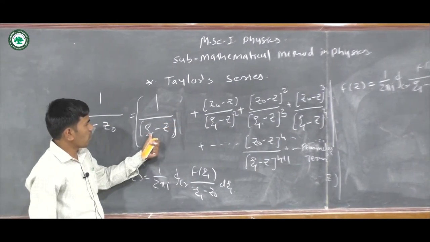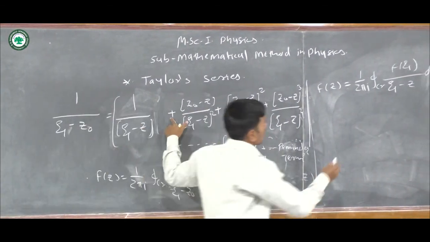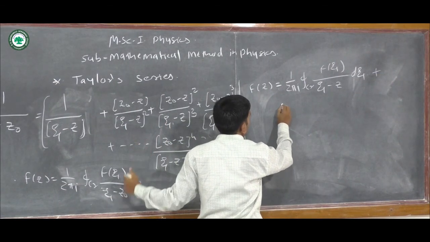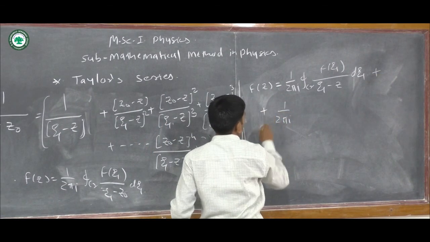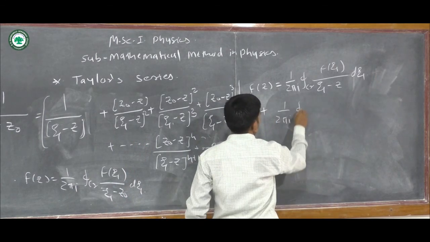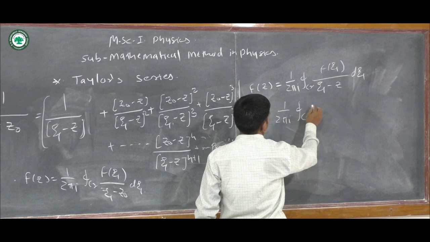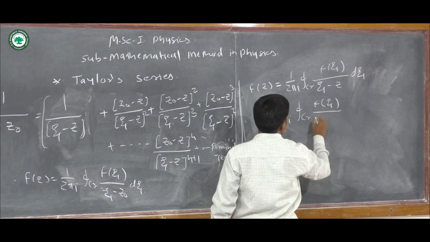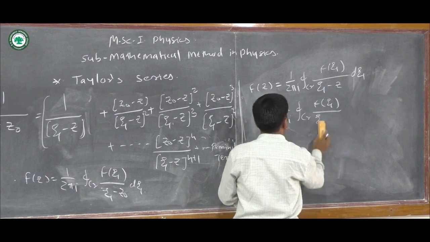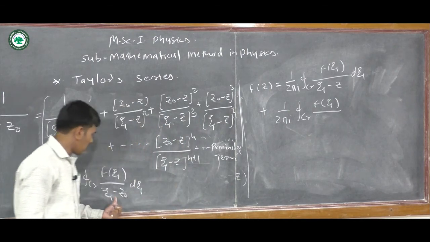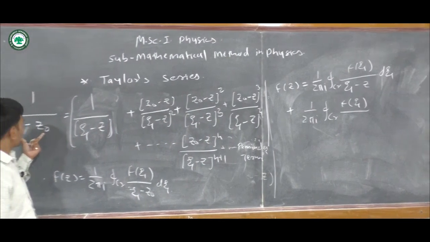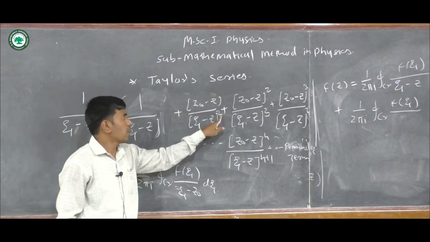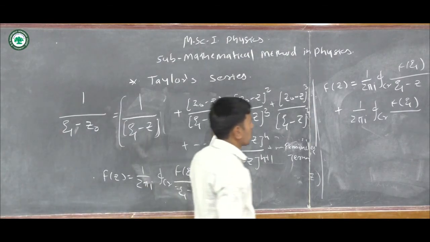This expression I write for these terms. Okay, now for the second term, it is plus 1 by 2 pi i plus closed integral over CR and f of psi1 divided by psi1 minus psi naught. Okay, so for the second term I write this z naught minus z divided by psi1 minus z, power is 2 or the square.